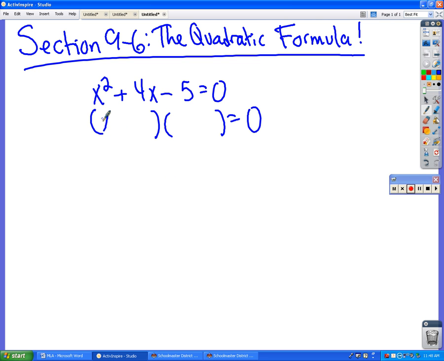And so if I was asking you to solve this, I would say x and x go in front, and then you need two numbers that multiply together to make -5, and add together to make 4. And what would those two numbers be? Positive 5 and negative 1. Okay?